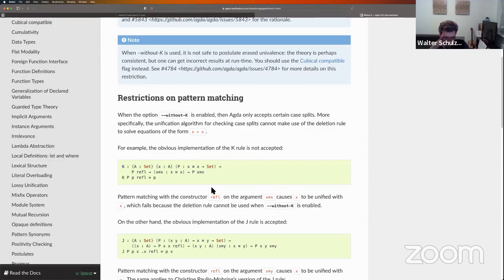Then we get refl, and then an inhabitant of X equals X.